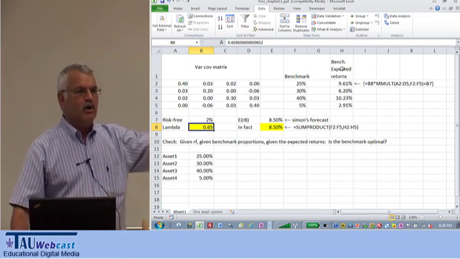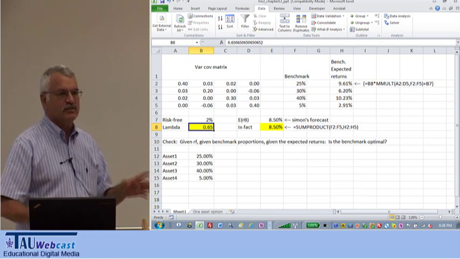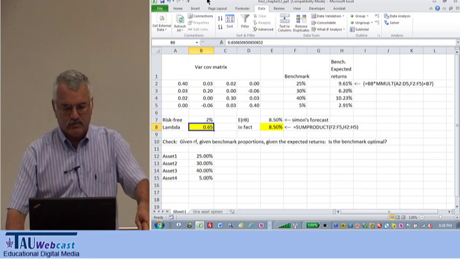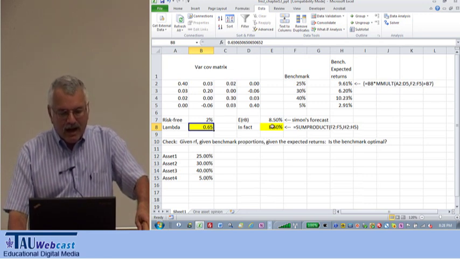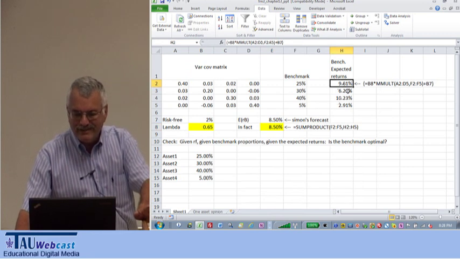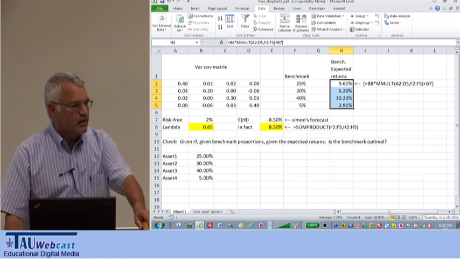So you walk in, the investment advisor says, you know what, I studied financial engineering, I studied Black-Litterman, I think that 8.5% is the expected return. I think these are the asset returns. All right.